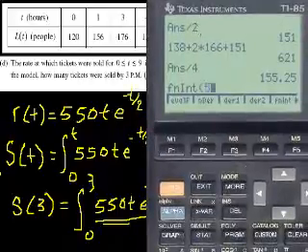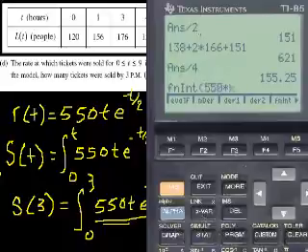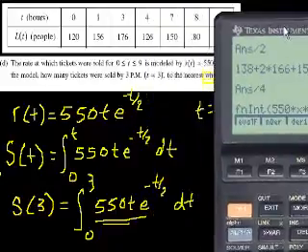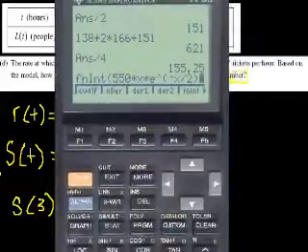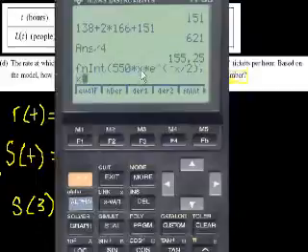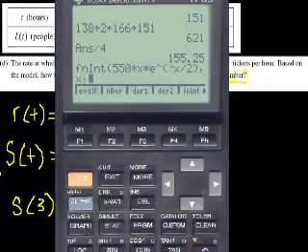So it's 550, let's just use x. 550 times x times e to the minus x divided by 2. I think that's the whole function, right? That's the whole function. And my independent variable is x. I just swapped t for x there. And I'm taking the integral from 0 to 3.